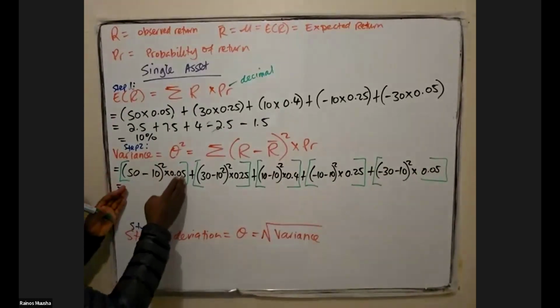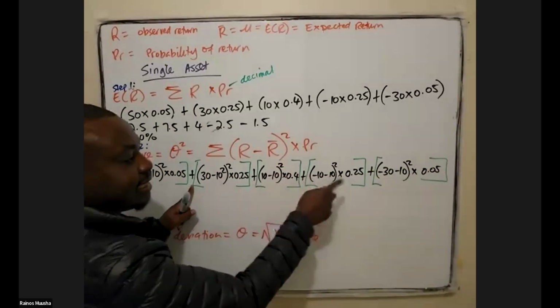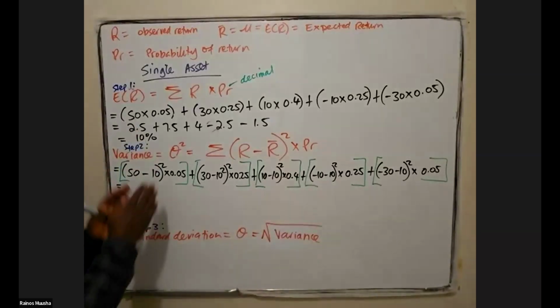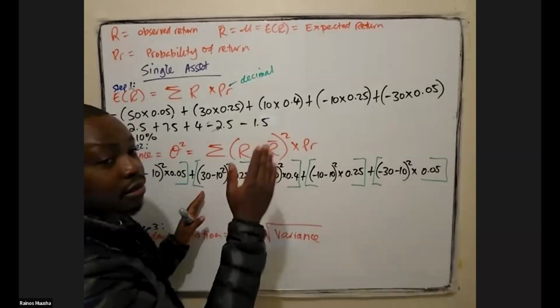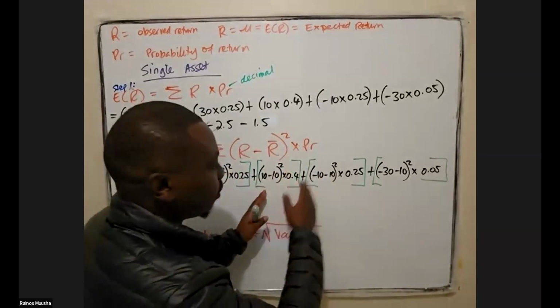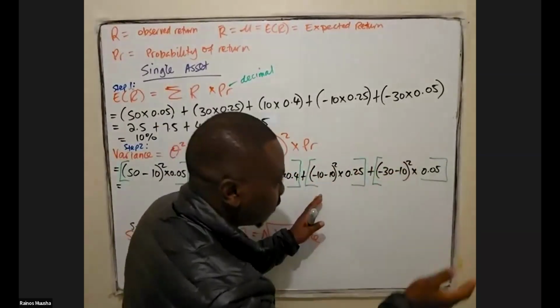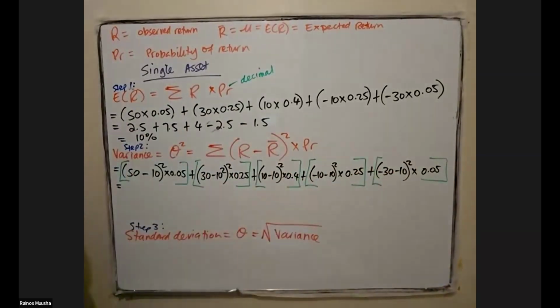Rather separate the calculation by where the plus sign is, so that you do this part of the calculation and round off your answer to 4 decimal places. The next one, 4 decimal places. The next one, 4 decimal places. Then the last one, 4 decimal places as well. So how much would you get as the variance?